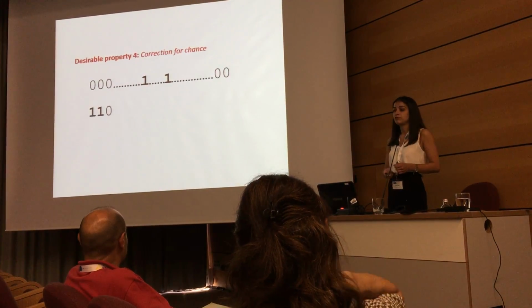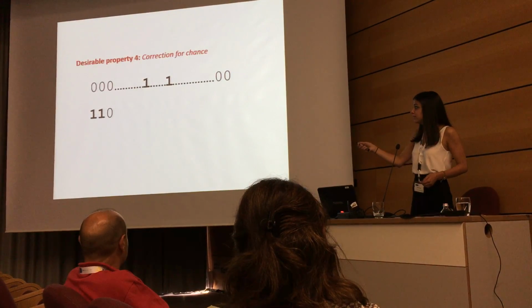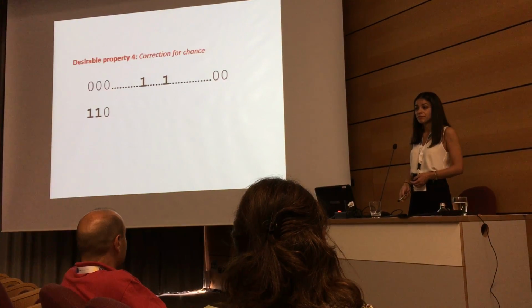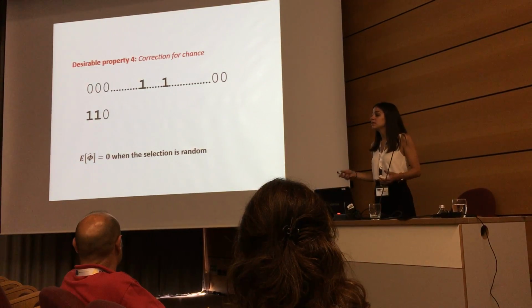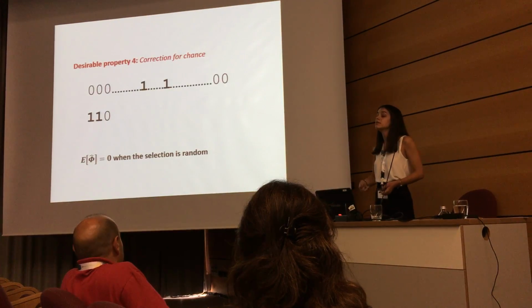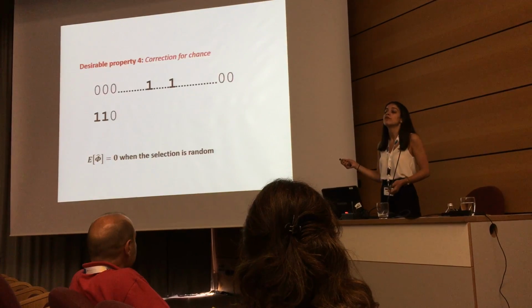Then if you pick up randomly 2 features, a lot of feature sets will have selected the 2 first features because it's given less choice in the features. So we formalize this property as we would like on average phi to have a value of 0 when the selection is random. And this is called the property of correction for chance.